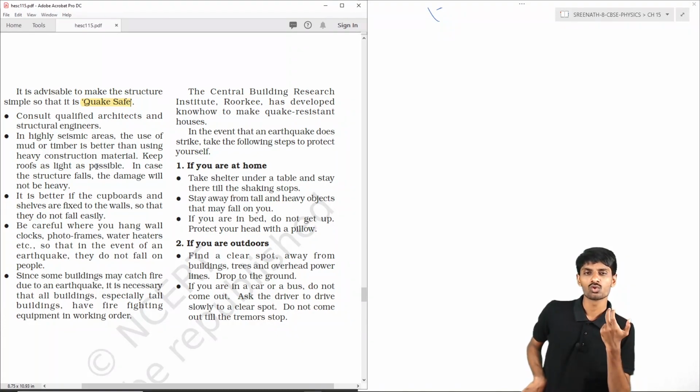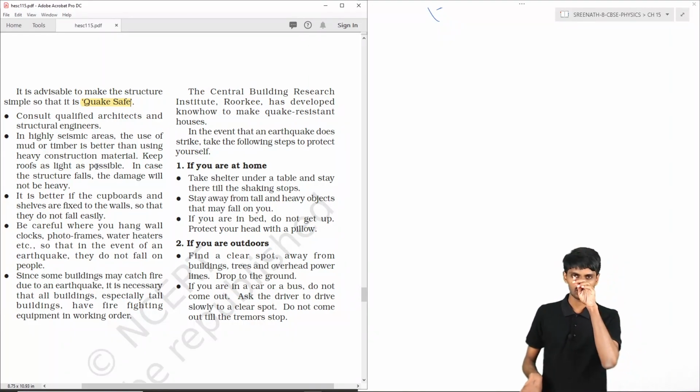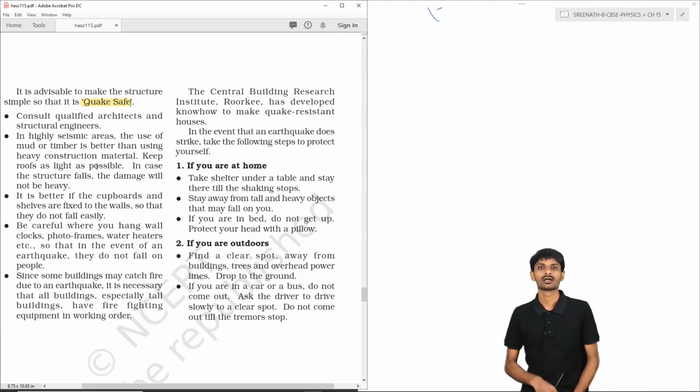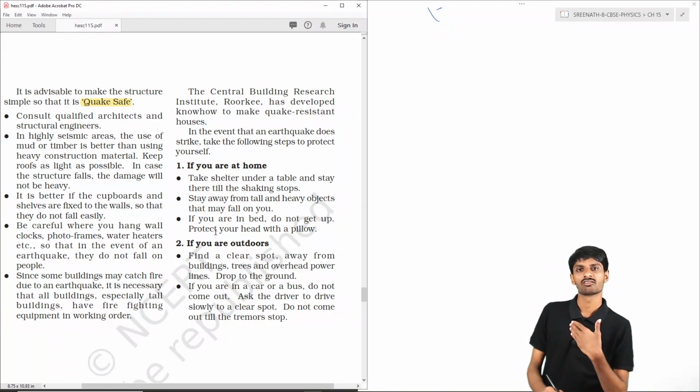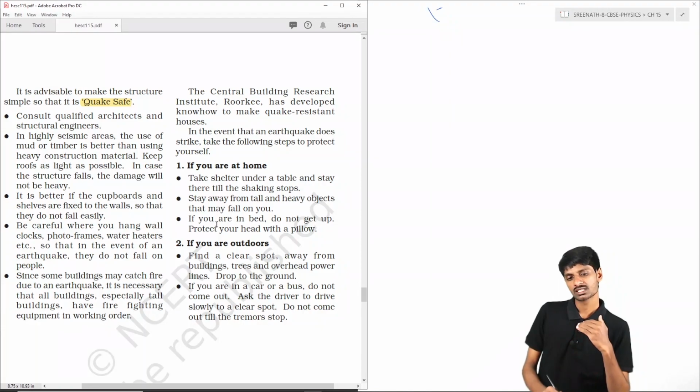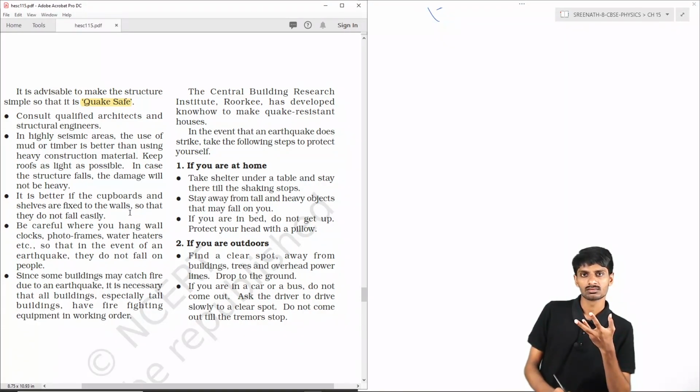And the roofs you use for construction must also be very, very light, so that even if they fall on you during the earthquake, they will not hurt you a lot. There will be less property loss and less damage. And making the cupboards fixed to the walls is a better thing, so that they will not fall easily.